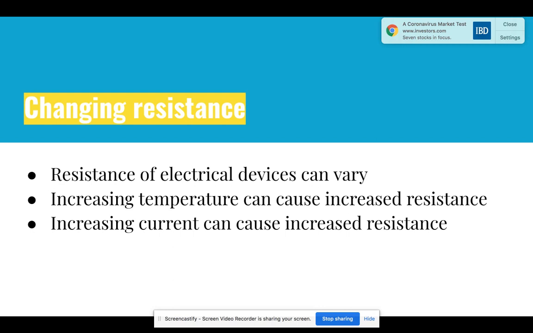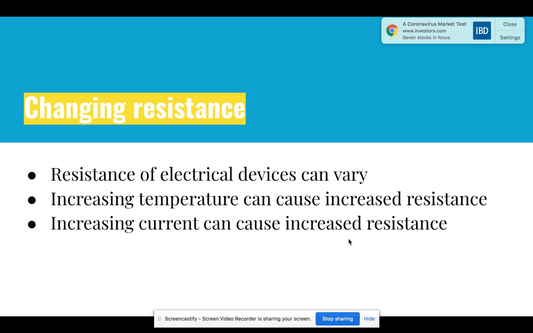It's kind of like a double-edged sword there. So as one gets hotter, the next one gets more resistance. As there's more resistance, it gets hotter, and eventually the wire would melt, which can cause a house fire, things of that nature. Okay, it says increasing current can cause increased resistance. So both of those things kind of go hand in hand with each other.